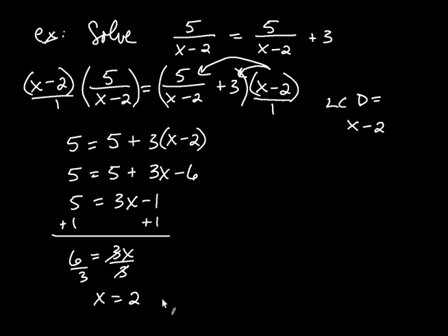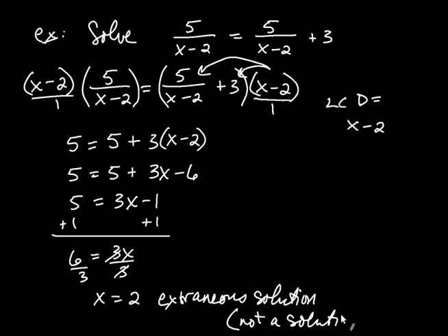In fact, this is what we call an extraneous solution. An extraneous solution is not a solution. It's our way of saying, hey, it's something you found at the end, but it doesn't satisfy the original. So now this was the only candidate, and that didn't work out. It was extraneous.